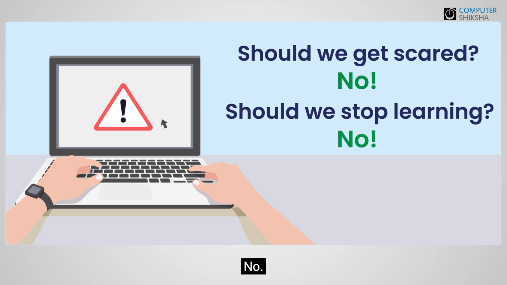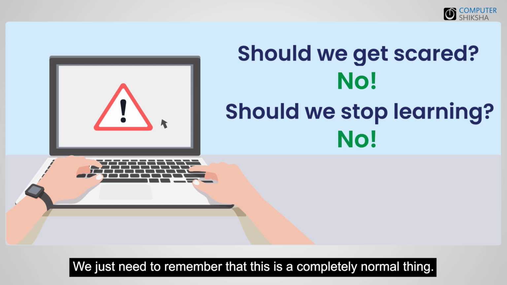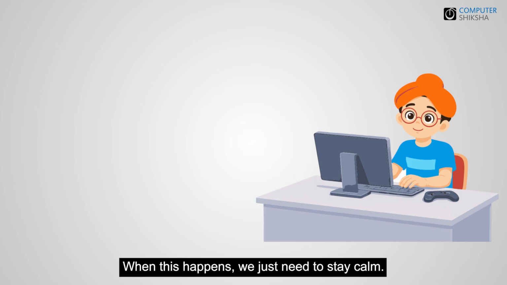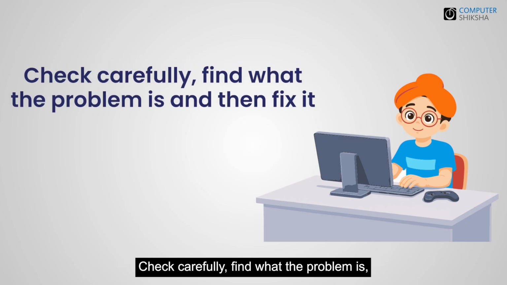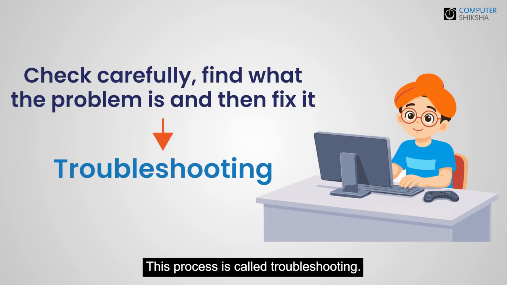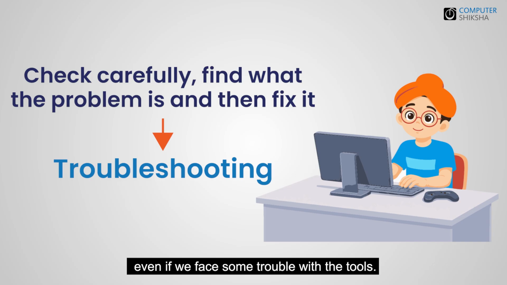No. We just need to remember that this is a completely normal thing. When this happens, we just need to stay calm, check carefully, find what the problem is, and then fix it. This process is called troubleshooting. Troubleshooting helps us continue our work even if we face some trouble with the tools.